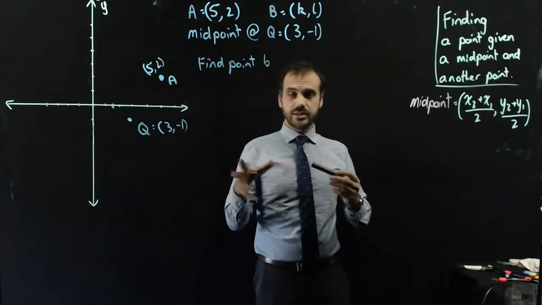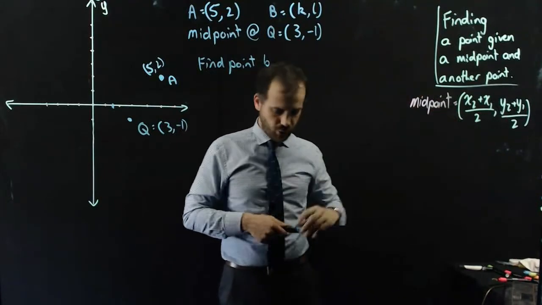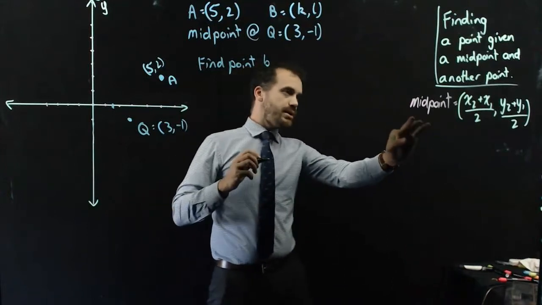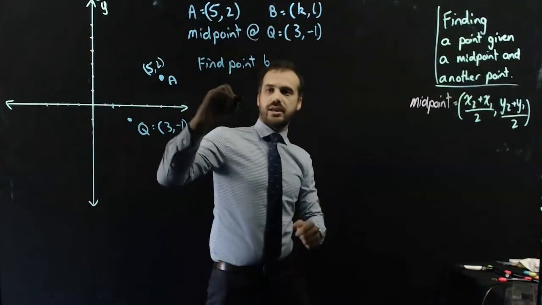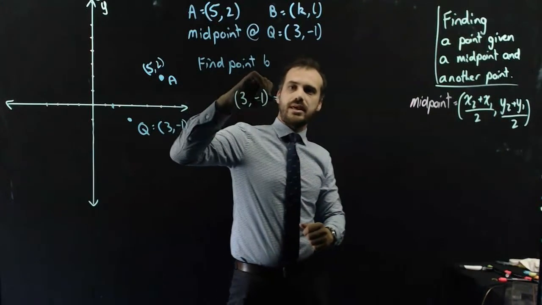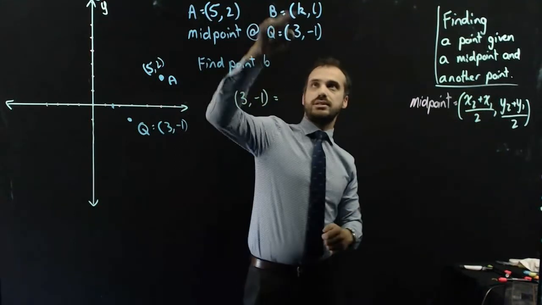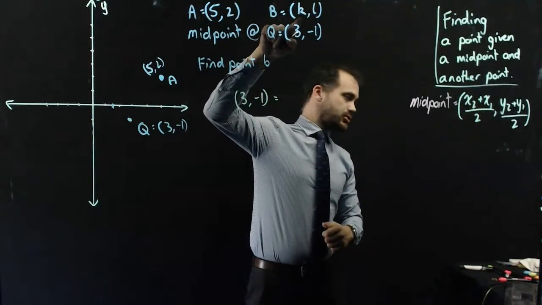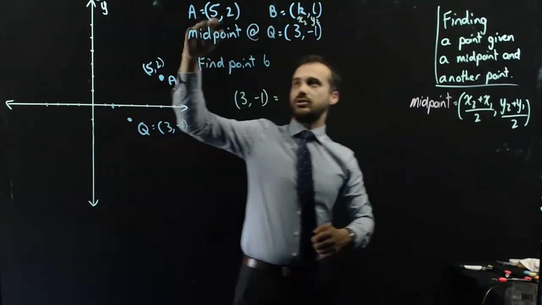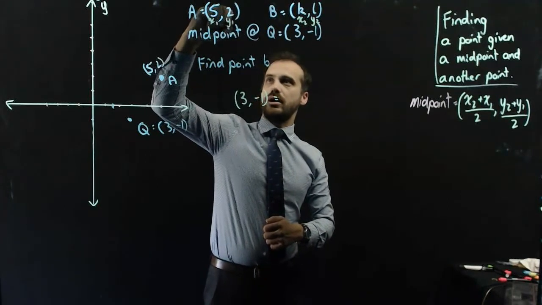It really is going to be as simple as putting some things into our midpoint formula. It gets a bit ugly, but here's our basic idea. Our midpoint, which is (3, -1), is equal to (x2 plus x1) over 2. Let's call B (x2, y2), and let's call A (x1, y1).